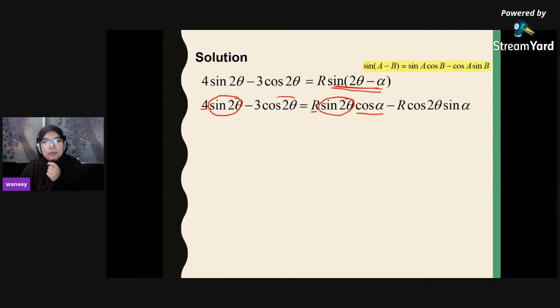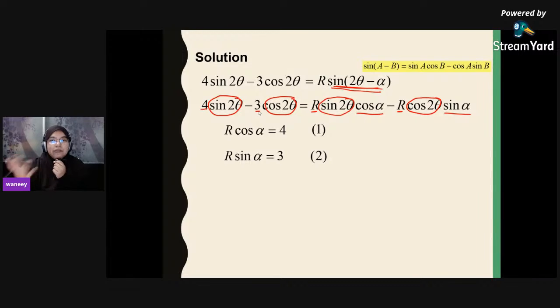And then if you compare for the cos 2 theta, then it simply means that R sine alpha is equal to 3. So you're going to get two equations over there. R cos alpha equal to 4, R sine alpha equal to 3.